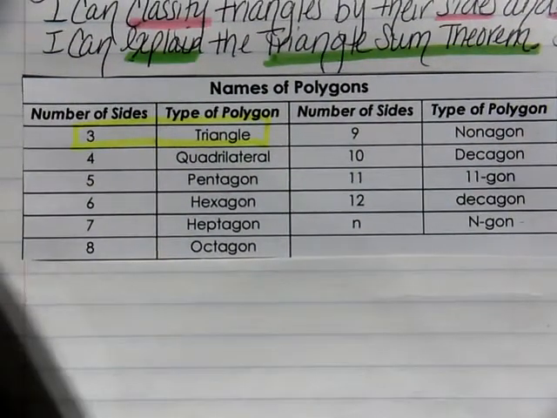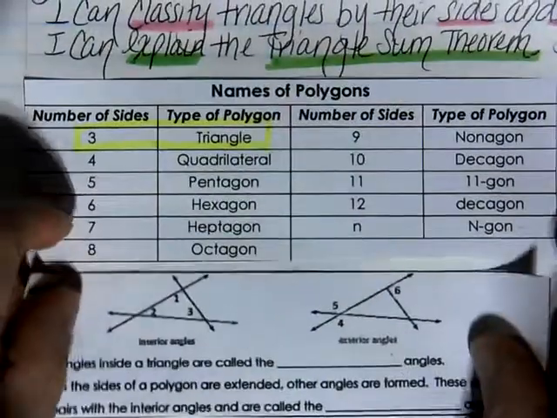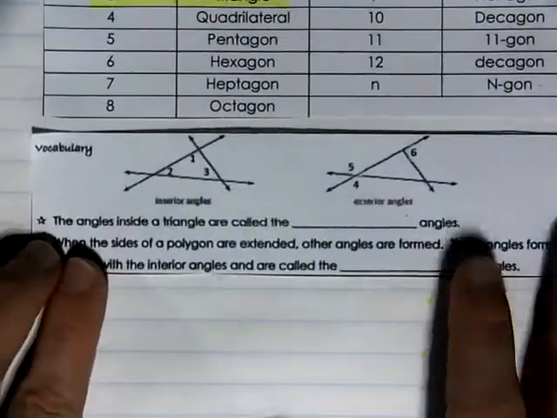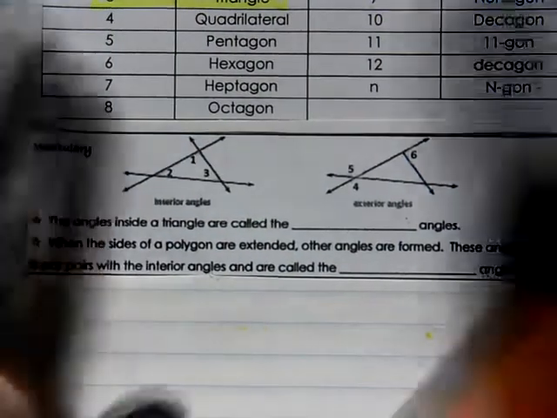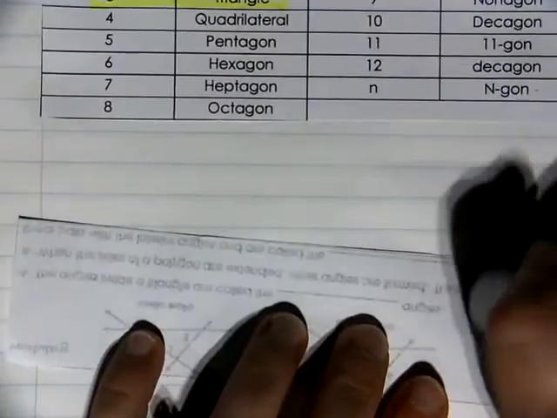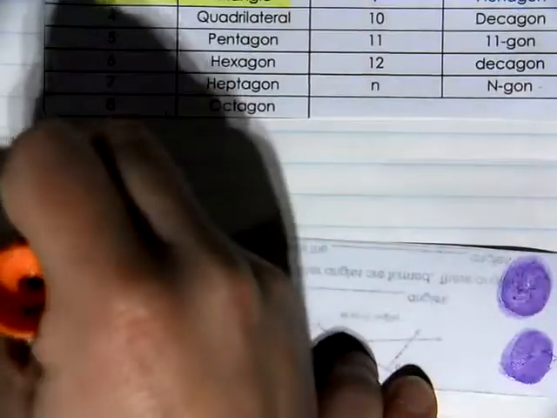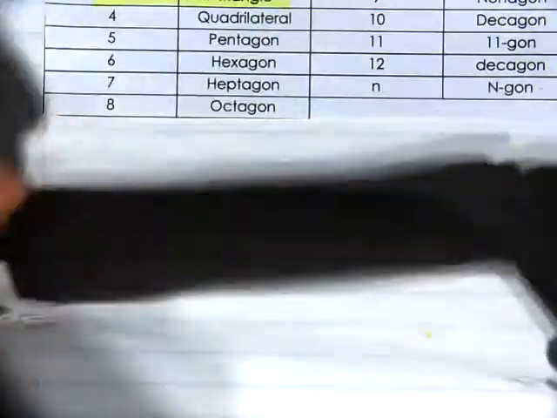The next thing that I want you guys to take out is this vocabulary sheet, and that is over talking about triangles, not necessarily just triangles, but we're referring to triangles in this figure. And we're going to talk about things called interior angles versus exterior angles.